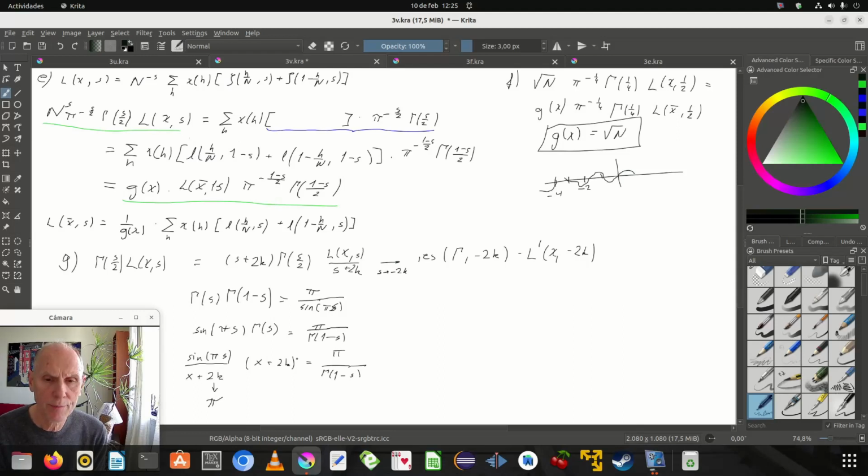I forgot the gamma. And this tends to gamma of 1 plus 2k, and that's the factorial of 2k.